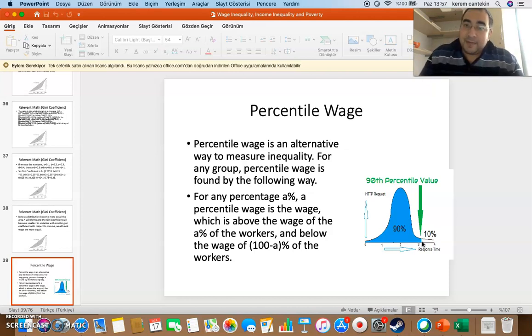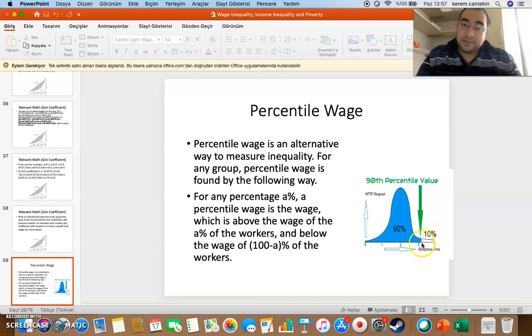In any case, 90% of your population should be below that wage level, and 10% should be above it. Similarly, you can have the 75th percentile wage, 25th percentile wage, or 10th percentile wage, where only 10% of the population gets below that wage level.